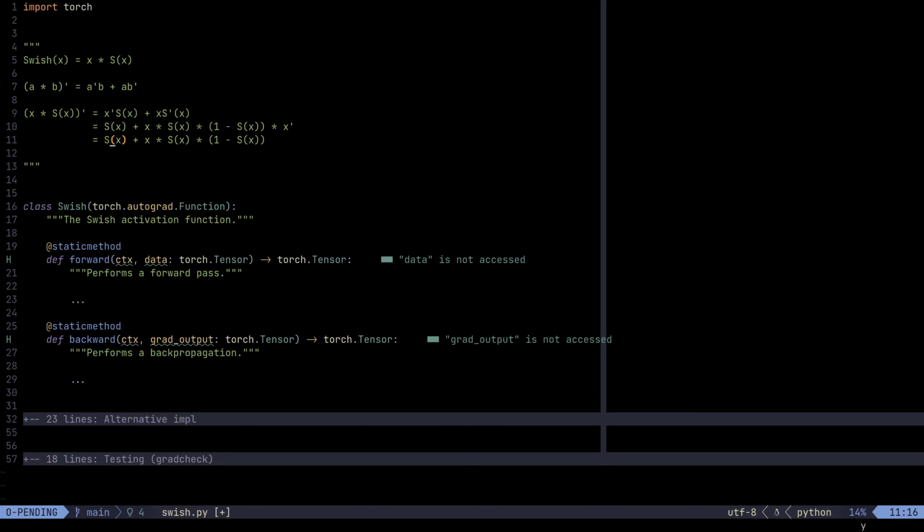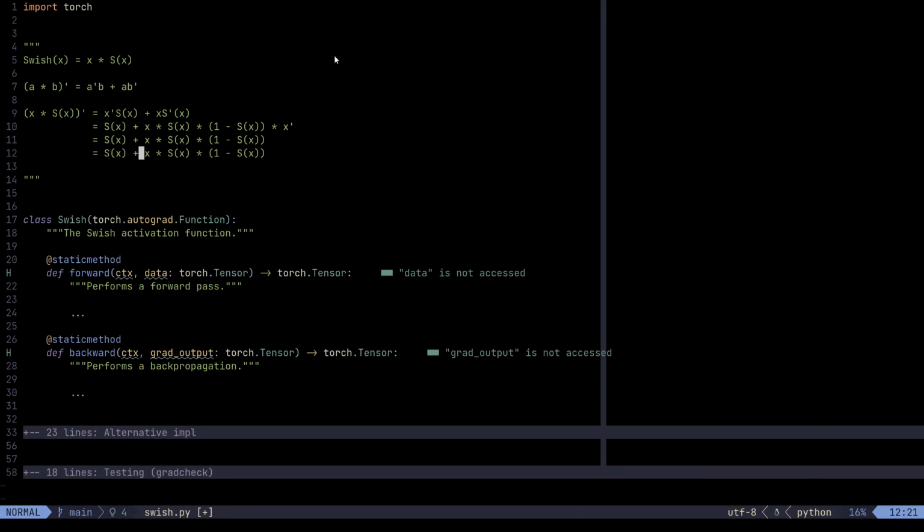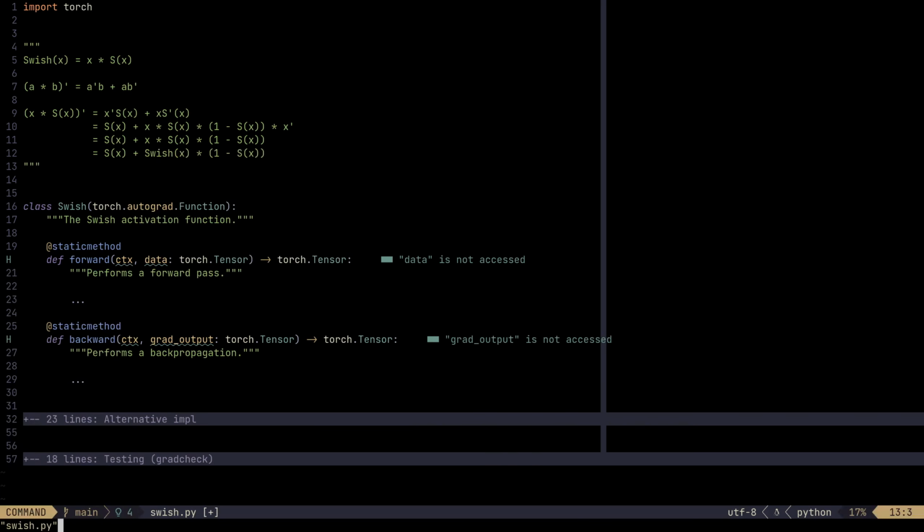Now, we can simplify this a bit more. Notice that we got s of x, so sigmoid of x, plus x times sigmoid of x times 1 minus sigmoid of x. What is x times sigmoid of x? Well, that's just Swish. We can replace this with Swish of x. And there it is. That's the derivative of the Swish.